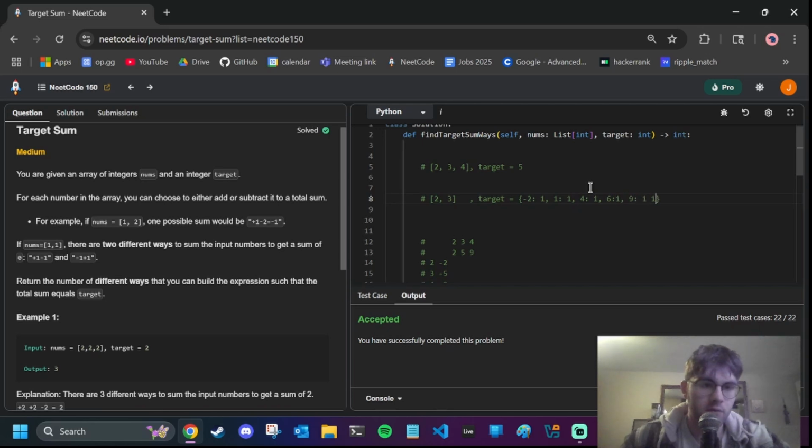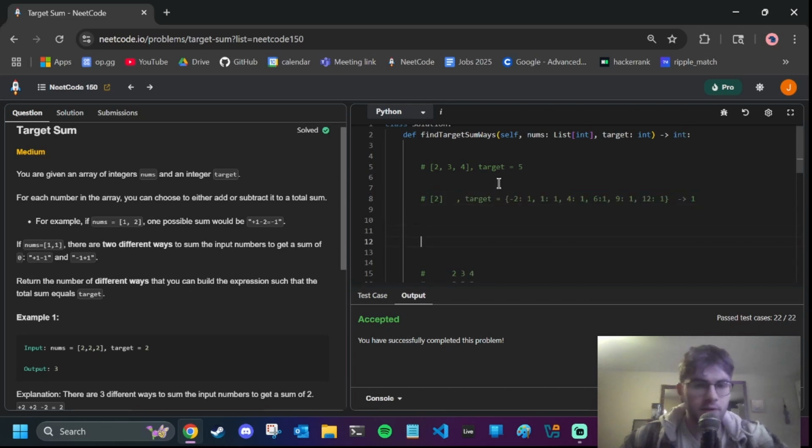And then 12, which has a count of 1. And then when you get to 2, you basically sum up the counts of -2 and +2. And then that gives you 1. So this is an algorithm.